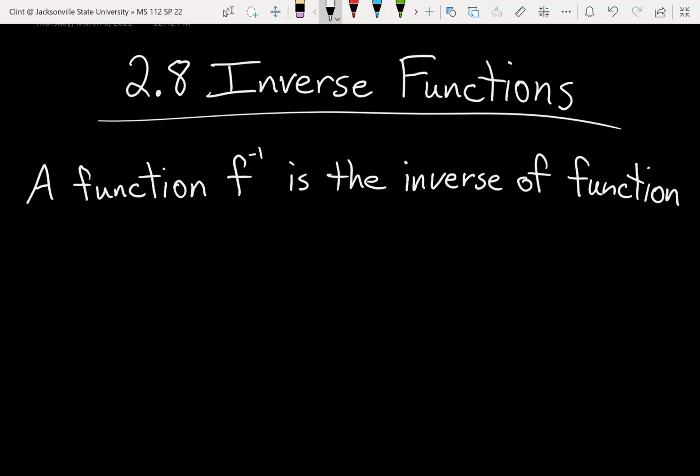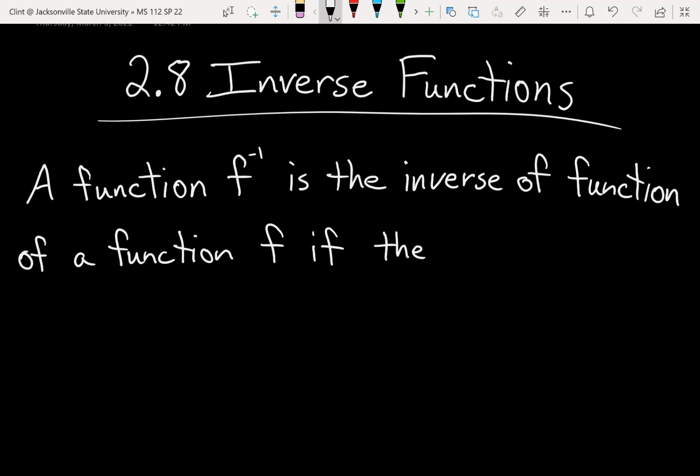It doesn't mean to the -1 power. I'm giving you an informal definition here. So we'll say two functions are inverses if the two functions undo each other.